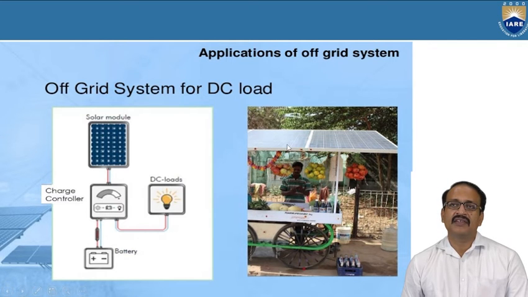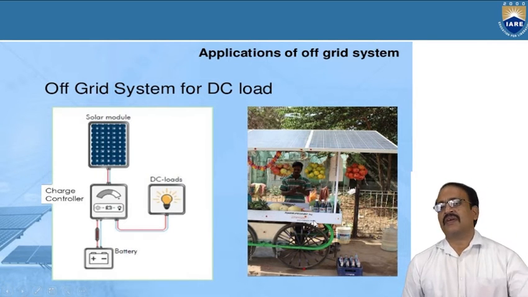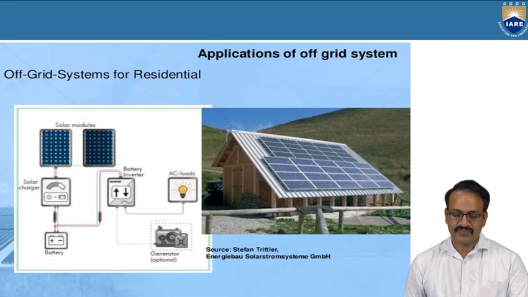What did he do? At the top he has installed the PV arrays, and with that his machine is working and he is selling the juice. So it is a much simpler application. We have to scale this off-grid solar power down to much simpler applications.